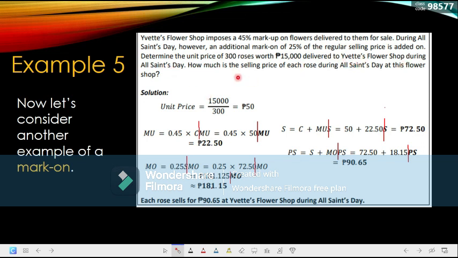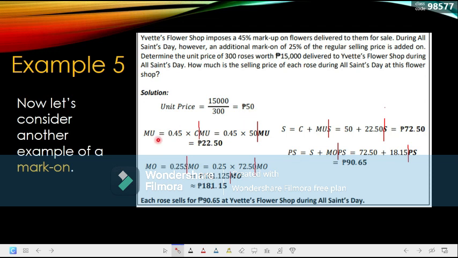Now, how much is the selling price of each rose during All Saints' Day at this flower shop? Okay, solution. The unit price will be solved by simply dividing 15,000 pesos by 300 roses. So that is equal to 50 pesos.